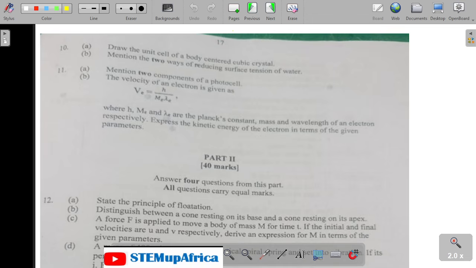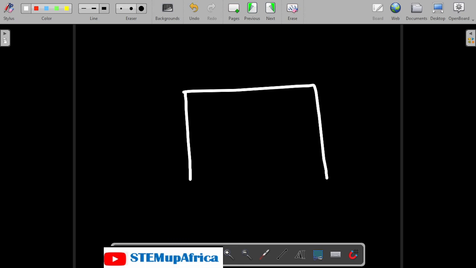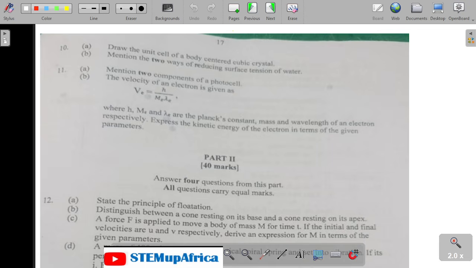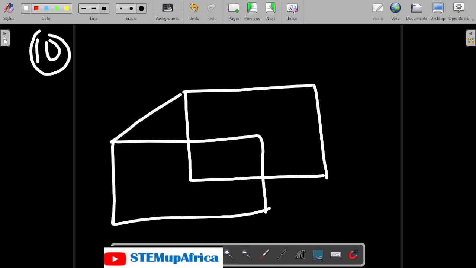So let's draw the structure. We all know how to draw a box from primary school. Let me draw this box this way. This is 10A. So I can join here, here, here, and here. The crystal will be here, and the center crystal will be there.